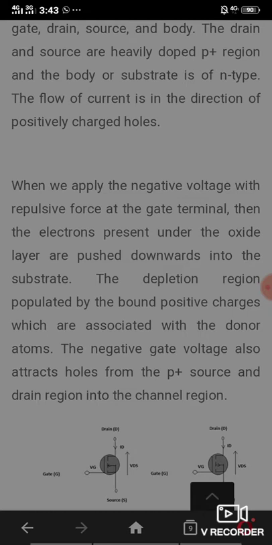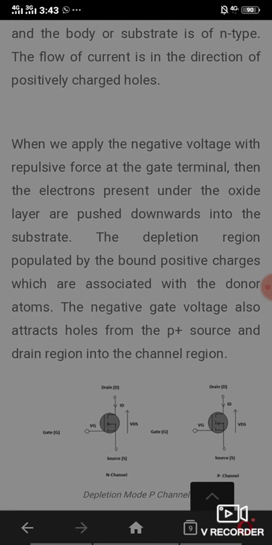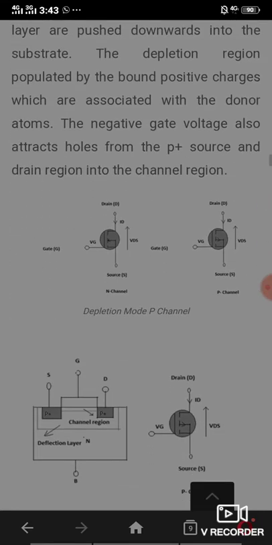The depletion region is populated by bound positive charge, which is associated with donor atoms. The negative gate voltage also attracts holes from the P source and drain region into the channel region.